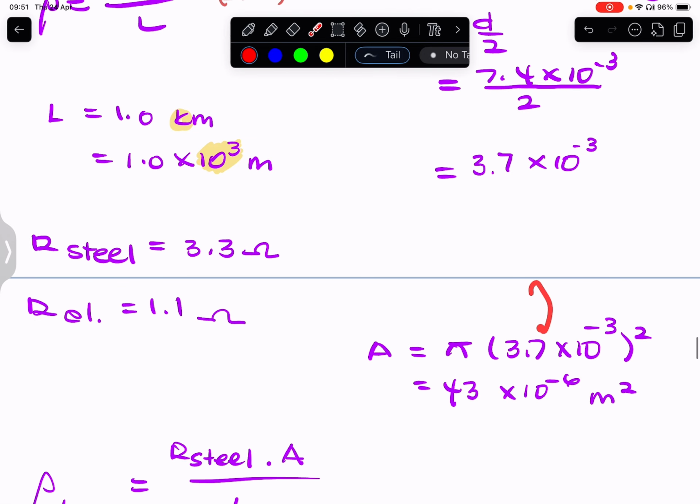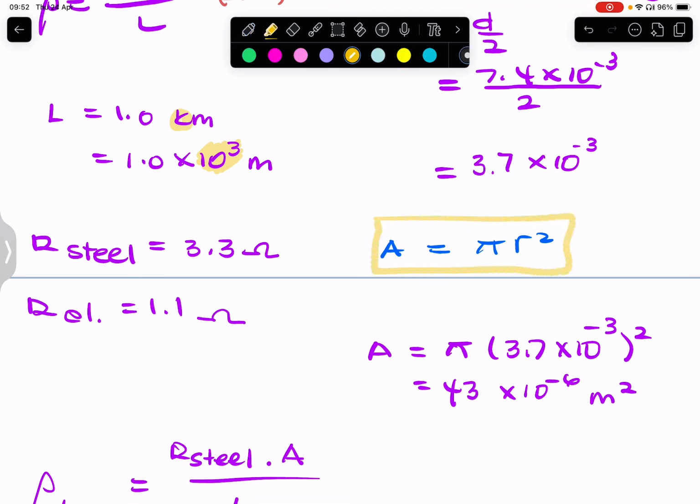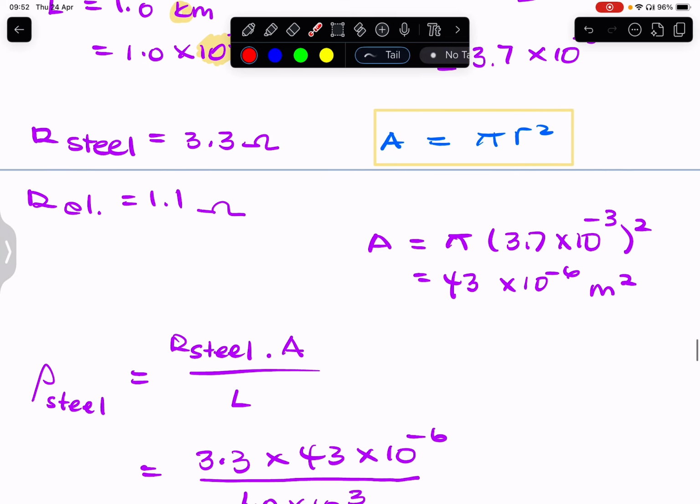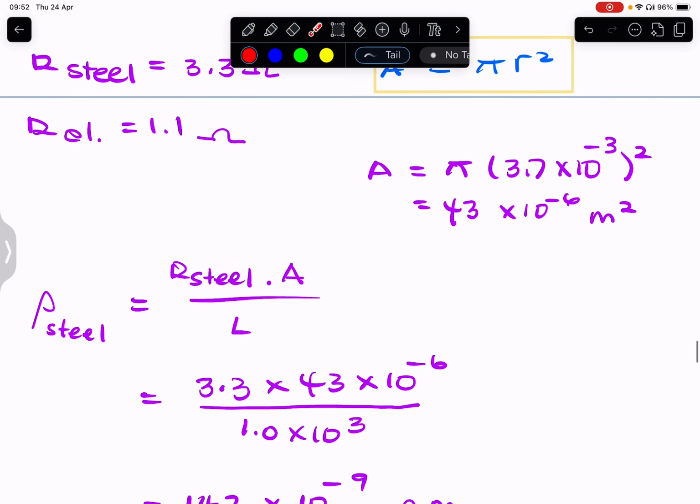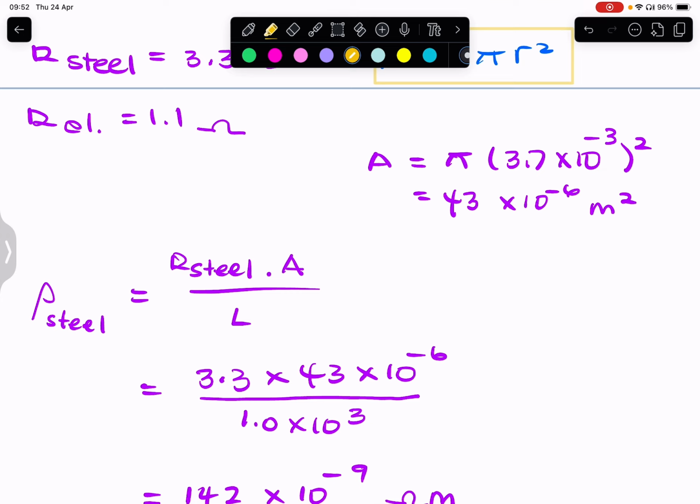And then if you square the radius and multiply it by pi, let me just write it out again, A equals pi r squared. Now, this equation you're not given in the exam, but you're expected to know this. So that'll give you your area in meters squared. And now you know that, you simply plug these numbers in.